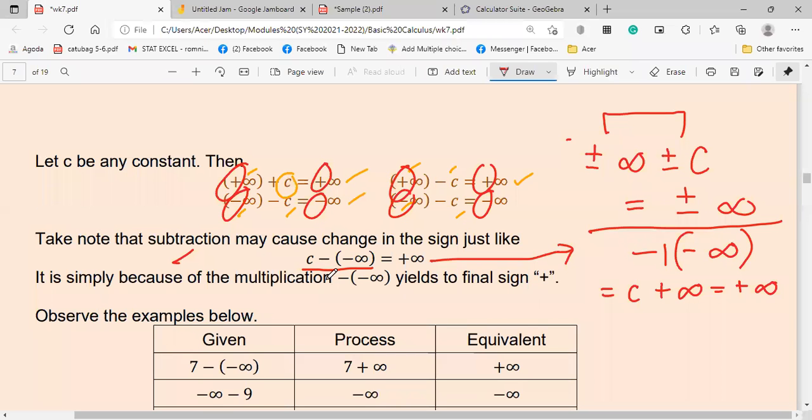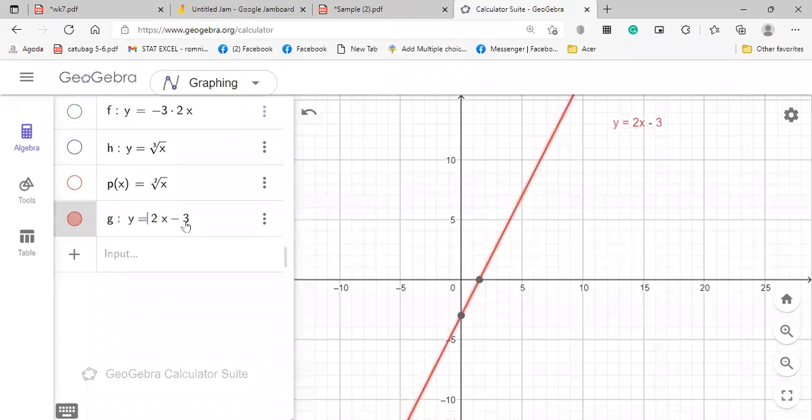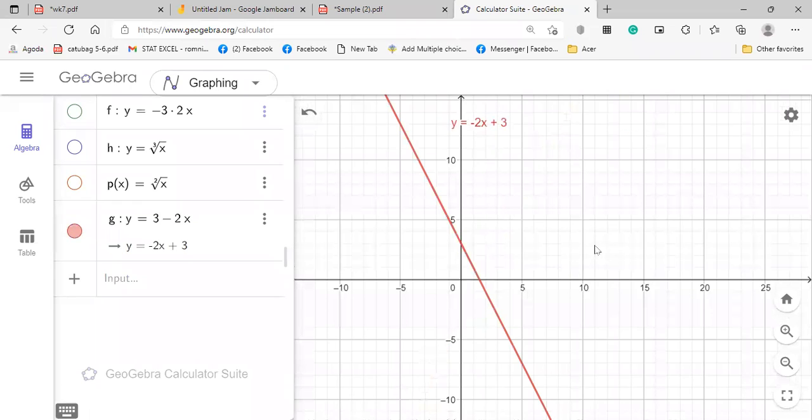Pero ang sinasabi nitong rule, when you have constant minus an increasing function or decreasing function, babaguhin niya ang movement. So, kung binago ko yung movement, let's say 3 minus 2x. Halata naman, no? Ang slope ay naging negative 2.